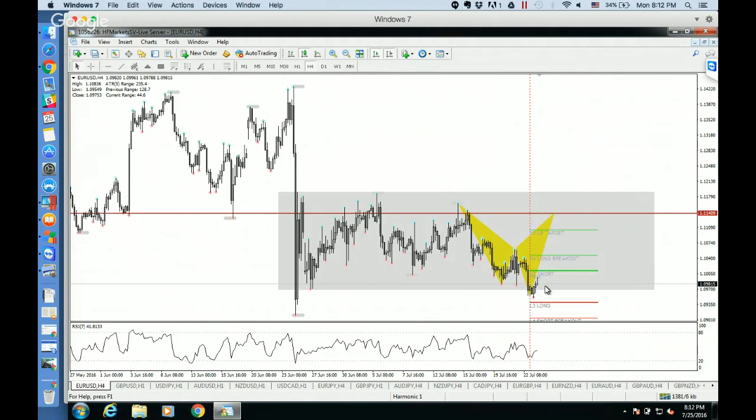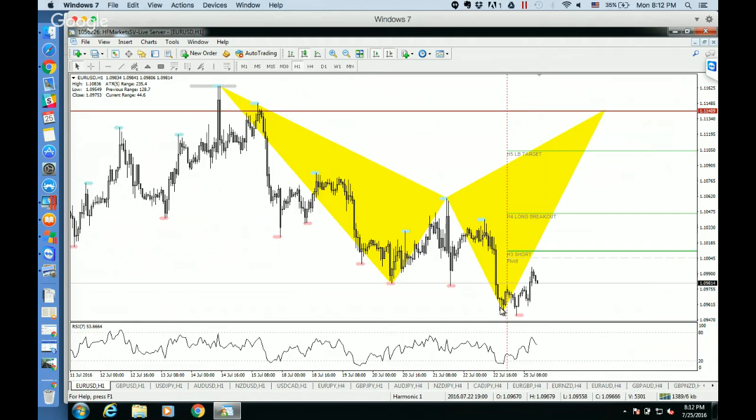Okay, so as long as price remains below 1.1, there's a high chance it will continue going lower. All right, but we don't enter our trades just based on price like this, we also follow very tight technical analysis. All right, so this is a potential Sharp pattern.